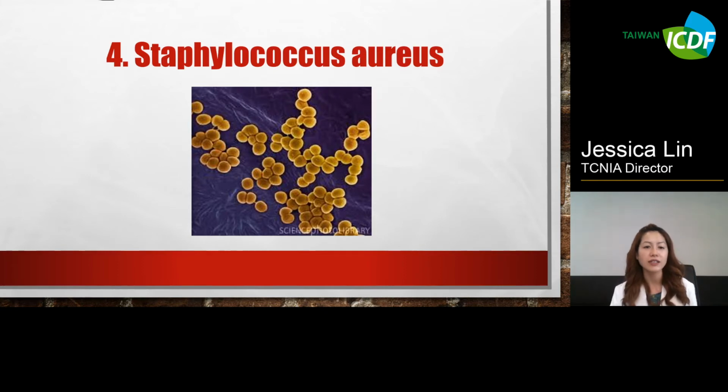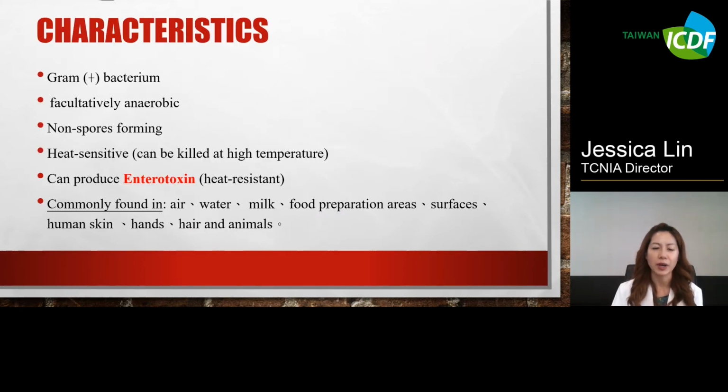And moving on, number 4 is called Staphylococcus aureus. They look like golden circles under the microscope. So let's learn about their characteristics. They are a gram-positive bacterium.